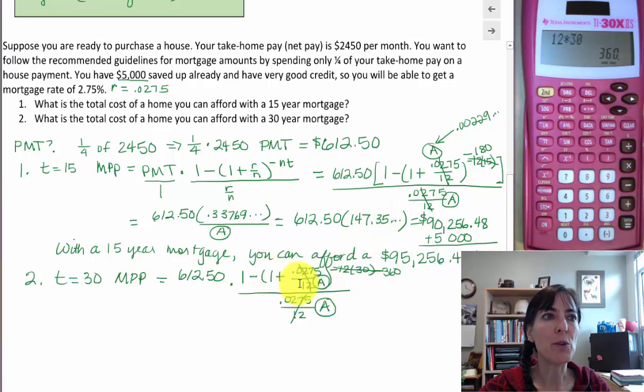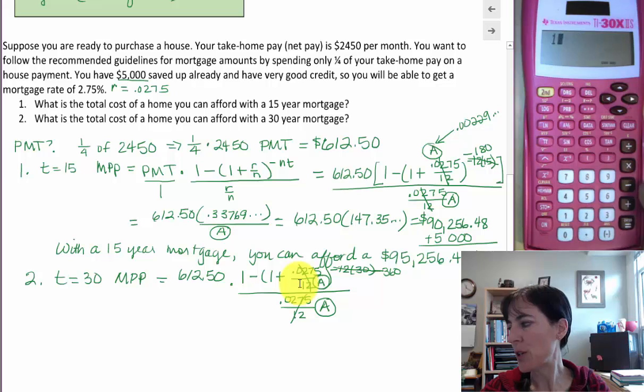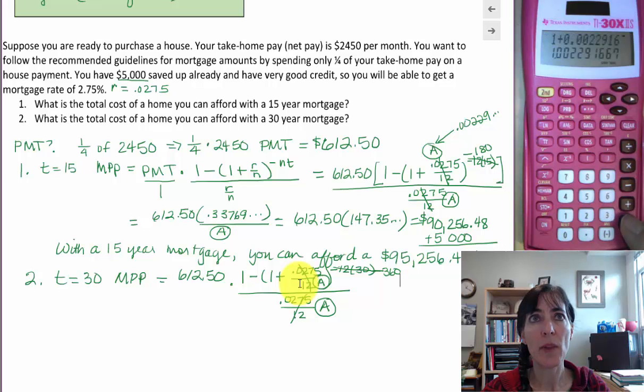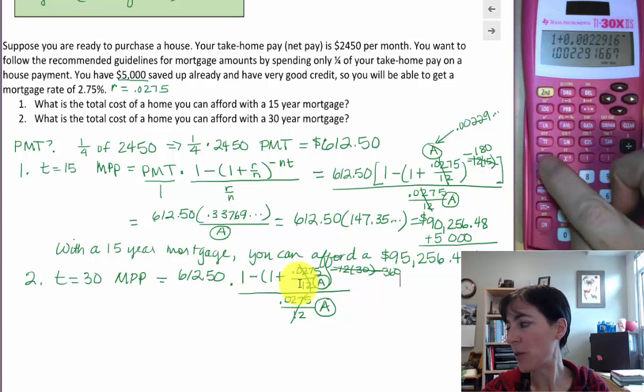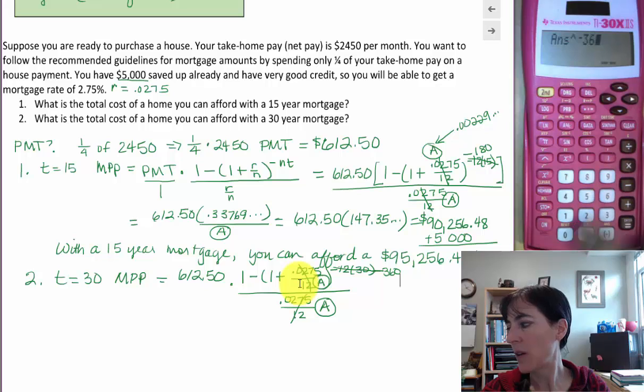We're going to take the 1 plus A first, to the negative 360. And then take 1 minus this amount.